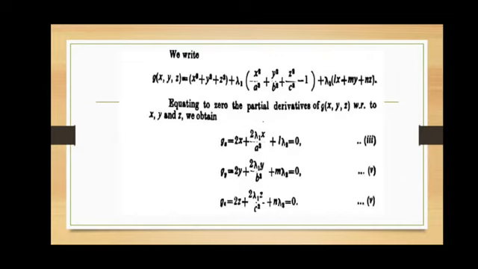So here the function, in place of capital F we take phi. So phi of x comma y comma z is equal to x square plus y square plus z square plus lambda 1 into x square by a square plus y square by b square plus z square by c square minus 1 plus lambda 2 into lx plus my plus nz. Why? Because x square by a square plus y square by b square plus z square by c square is equal to 1 is one subsidiary condition.